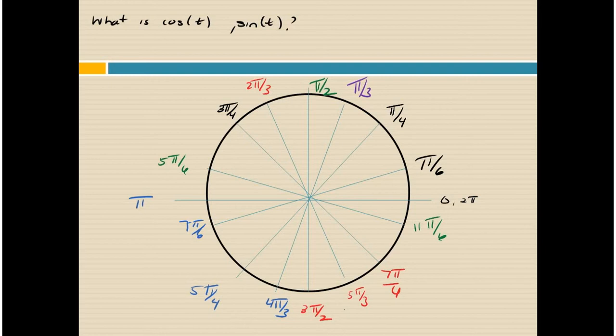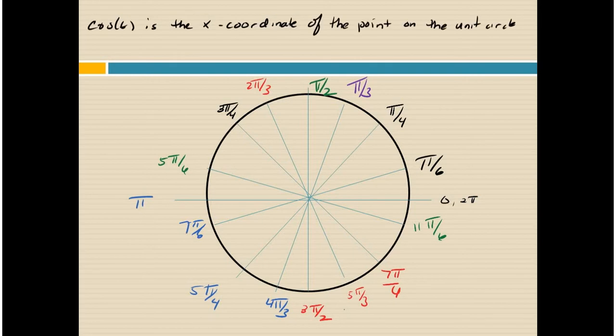So what is cosine t and sine t? Well, by definition, cosine t is the x-coordinate of any point on the unit circle. So for example, cosine of pi over 2 would be the x-coordinate at pi over 2, the actual x value on the coordinate system. Likewise, sine of t turns out to be the y-coordinate of the point on the unit circle.